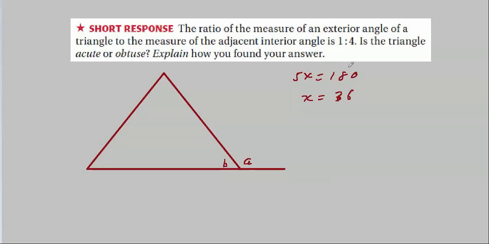So this is A over B. That's equivalent to 1/4. This is the 1 and this is the 4. So that means this is 36 degrees. And this would be 144 degrees.